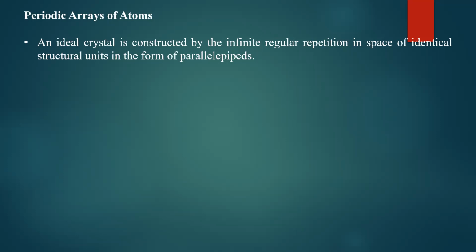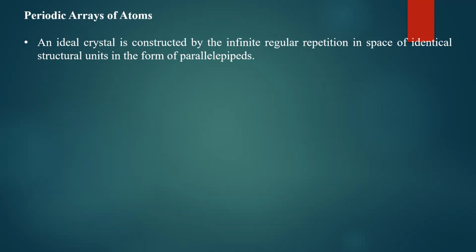There is a regular arrangement. From one atom to another atom, there is a specific distance, and in a particular direction, they are arranged in the form of parallelepipeds. If you keep boxes one beneath the other, beside the other, say 100 boxes, you can arrange them in a particular fashion, and they will have symmetry.